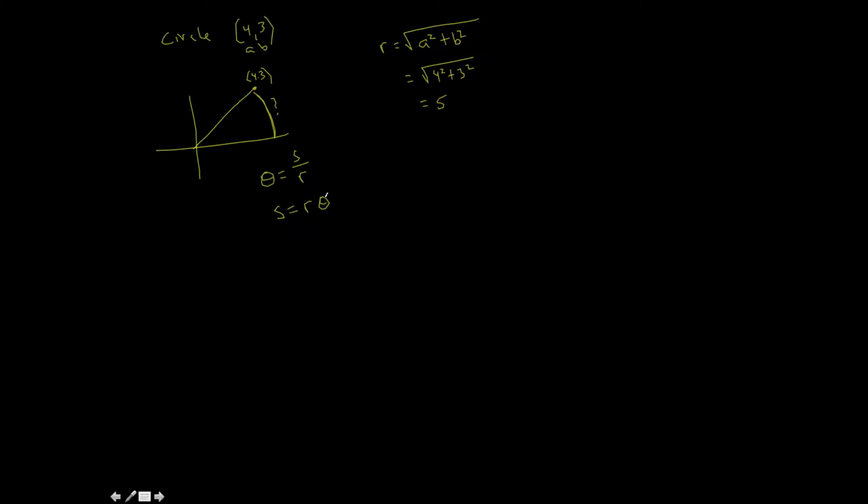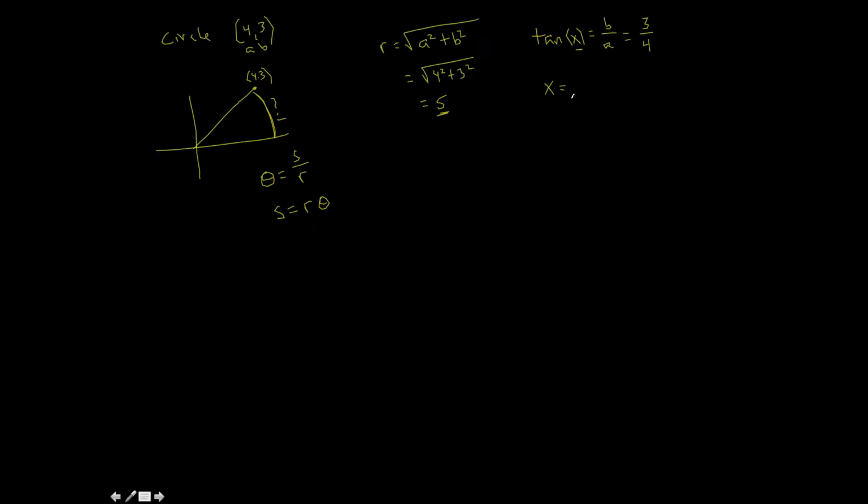So we have the radius, and we're looking for the arc length. We need the angle. We know what A and B are, so I can take tangent x, which relates A and B. Remember, tangent x is B over A, so that's 3/4. If I want to find this angle, do you remember how we do that? We did this earlier with the calculator, and I think some of you just forgot about it.